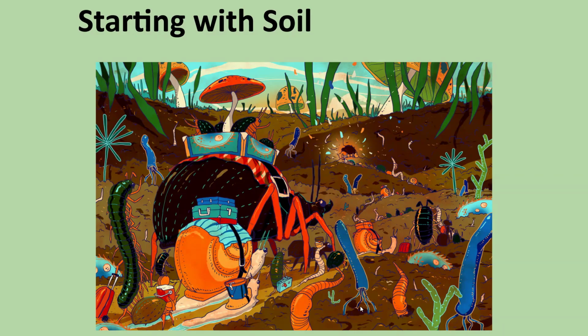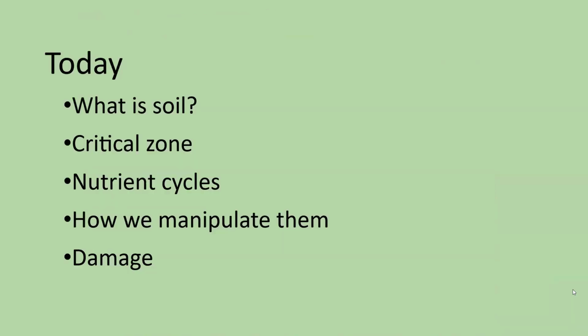I think this is a bacterium and it's too large. But I love this imagery. It gives us some positive perspective moving forward, and a starting point. So I think starting this discussion with soil is essential. We're going to talk about what soil is, what a critical zone is, what nutrient cycles feed into soil and ecosystems, and how humans manipulate them.